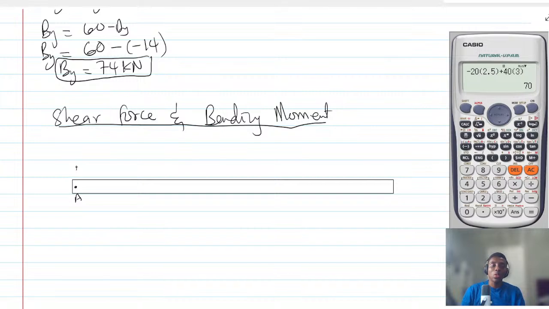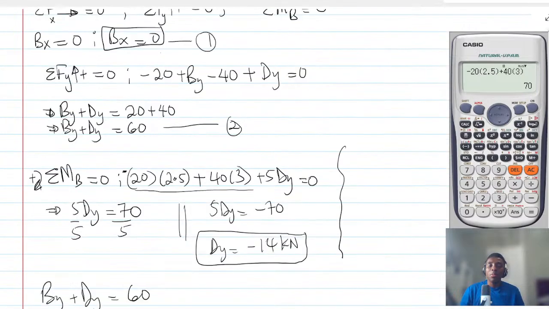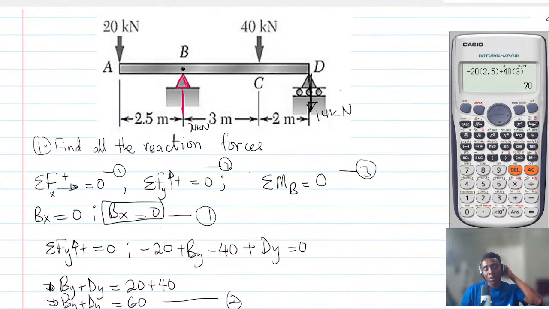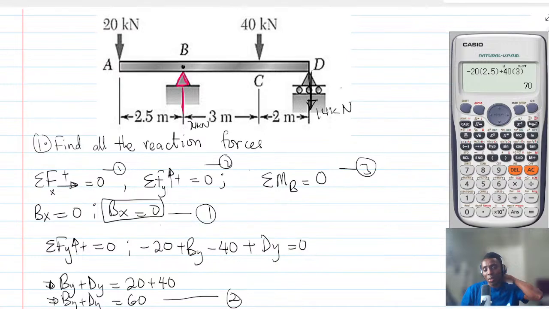So this is A. There is a force at A which is 20 kilonewton. And then there's a force at B. B is what? 2.5. And then the force there is going up, which is 74 kilonewtons.